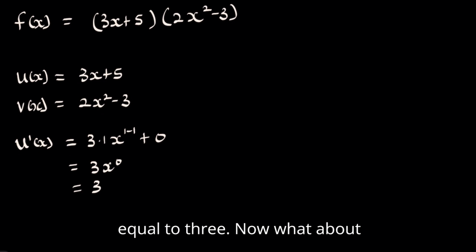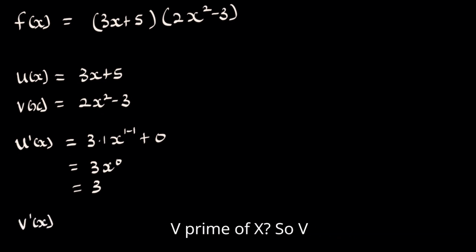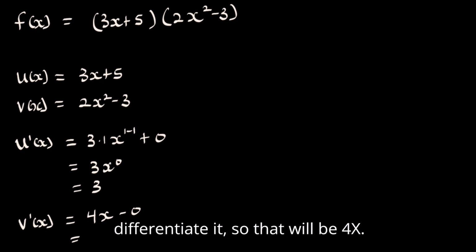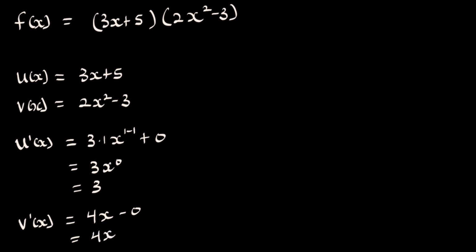Now what about v prime of x? So v prime of x also has the form of ax exponent n. So we are going to have 4x minus 0, because 3 will go to 0 when we differentiate it, so that will be 4x.